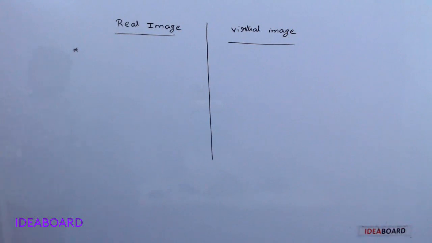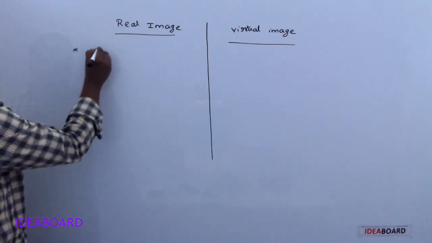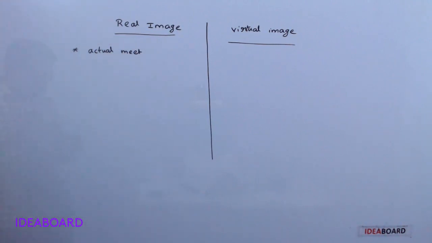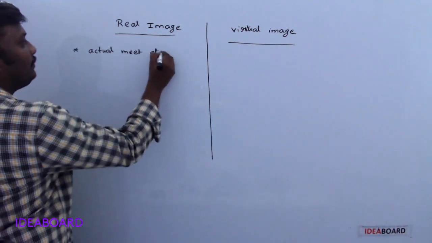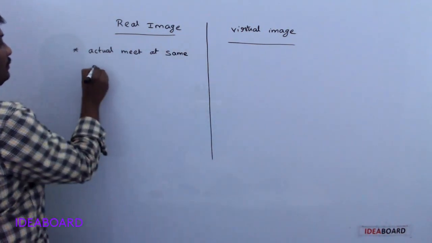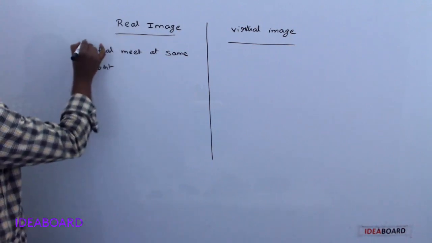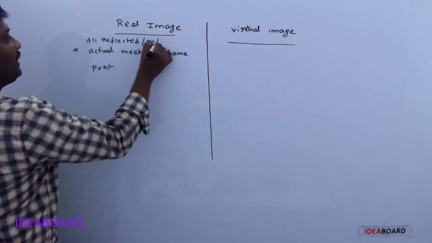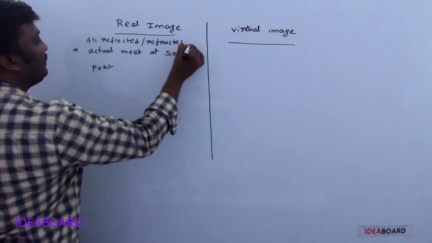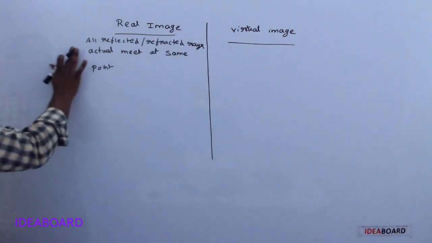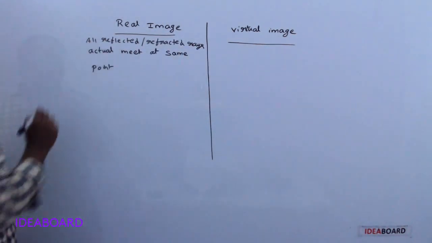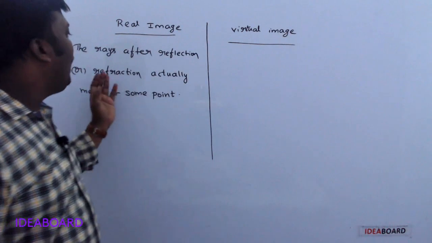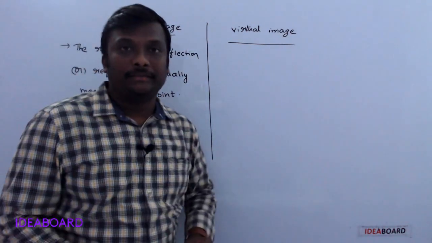Real image is nothing but the actual meeting point of all the rays. Sorry, the rays after reflection or refraction actually meet at a point.